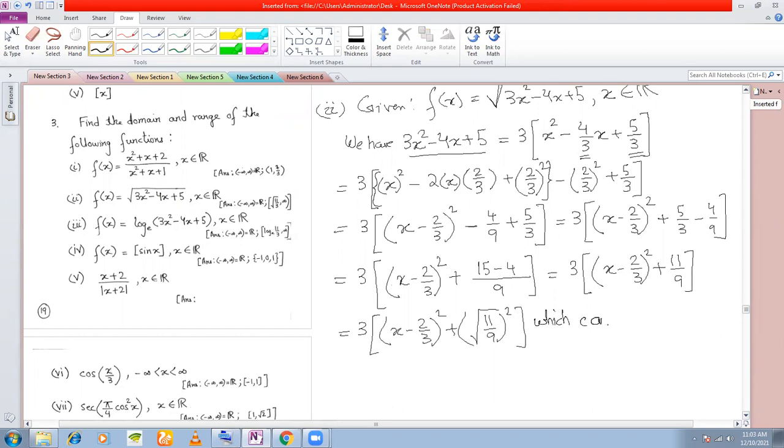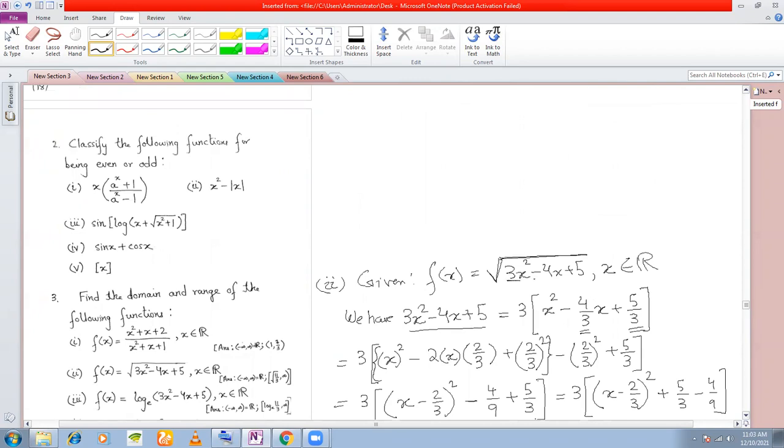No, it cannot be negative, as it is the sum of two positive real numbers. What does this mean? That this expression under the radical is always positive.